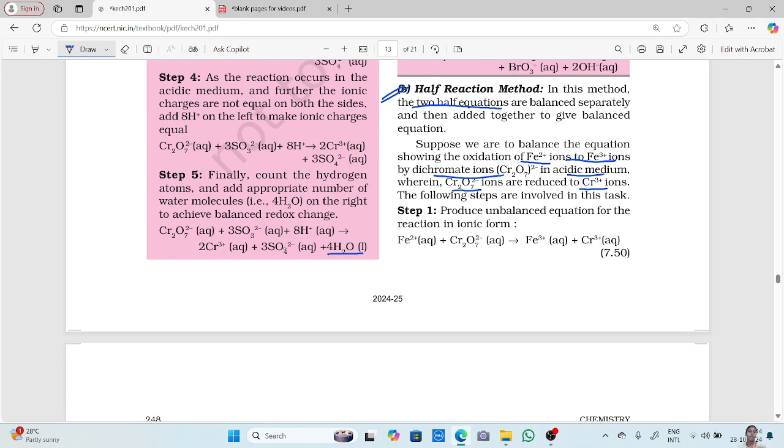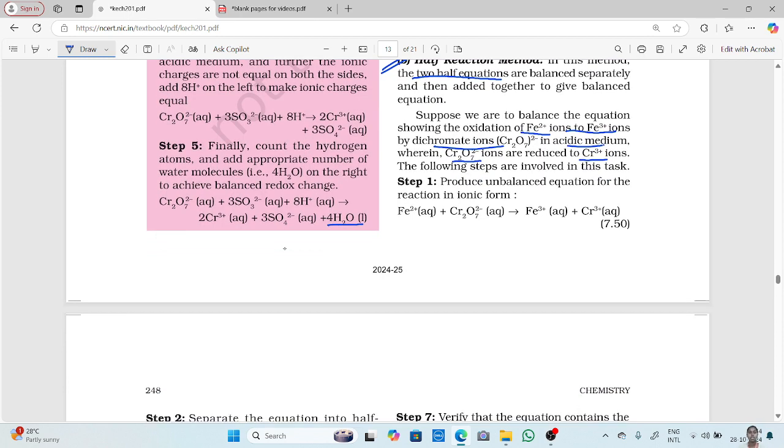Now you have to balance them separately. First step is to produce the unbalanced equation in ionic form. First you have to write the entire equation. You have Fe2+ and Cr2O7 2-, giving you Fe3+ and Cr3+. This is your entire equation.